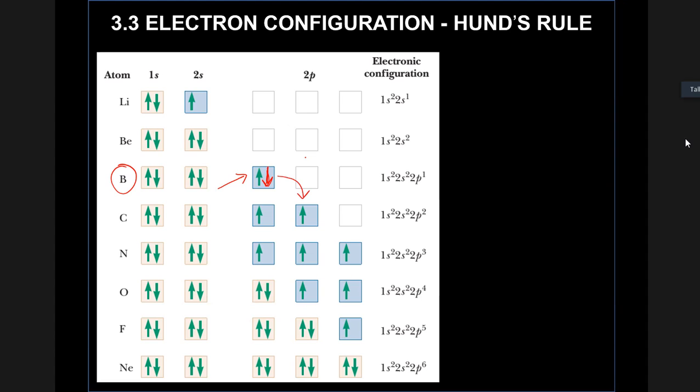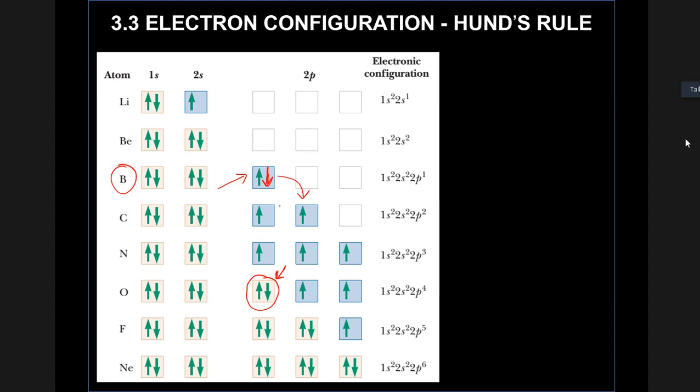So every orbital will be occupied by an electron of the same spin orientation before this orbital can be occupied by 2 electrons like this. So with each state of atom, the number of orbitals that have a single electron is maximum.